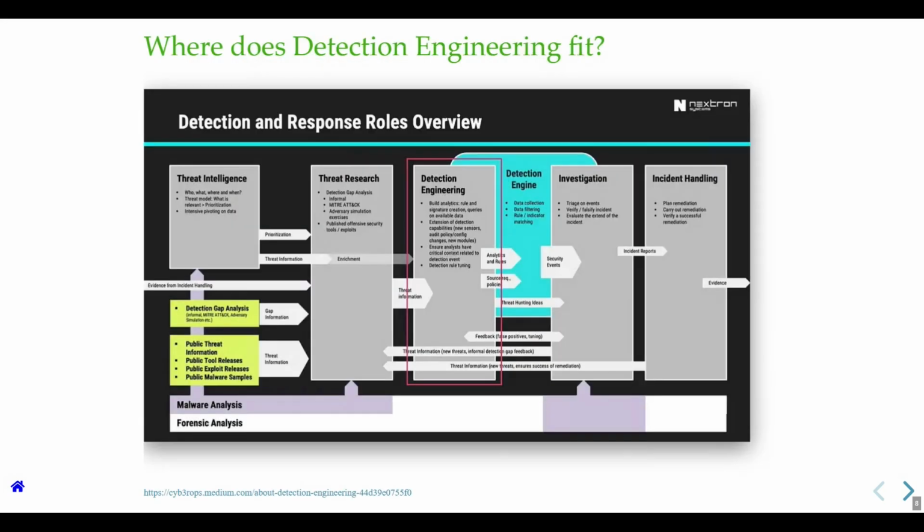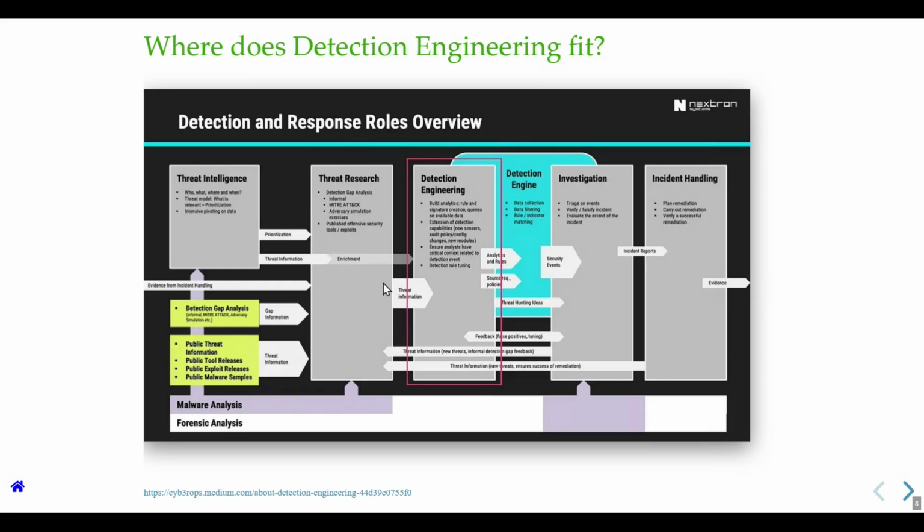So here's a picture showing where detection engineering fits in the entire incident response process. It's got a whole bunch of analysis here where people see detection engineering working before the investigation, feeding data into the investigation, receiving data from threat research, and so on.